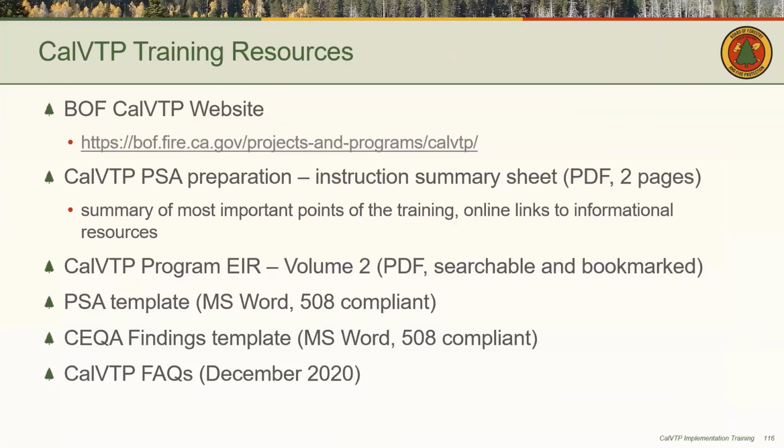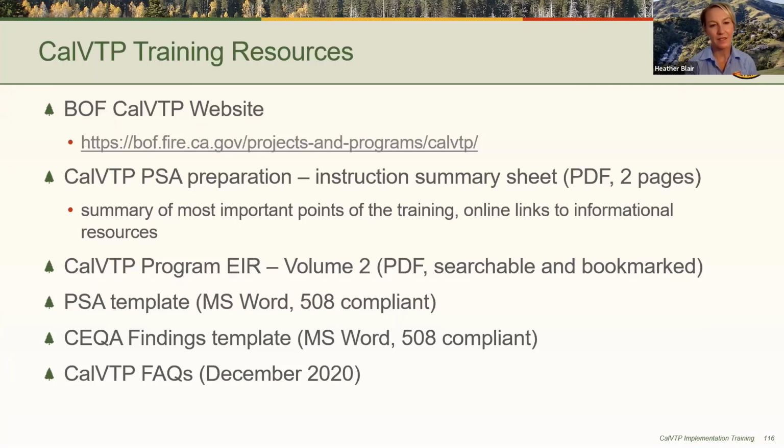I wanted to point you to some helpful resources. The CalVTP implementation website has a lot of resources, various pages with information and documents. They're listed here. Of particular note is the CalVTP program EIR, as well as various templates that we've been talking about, including for a PSA and for the findings.